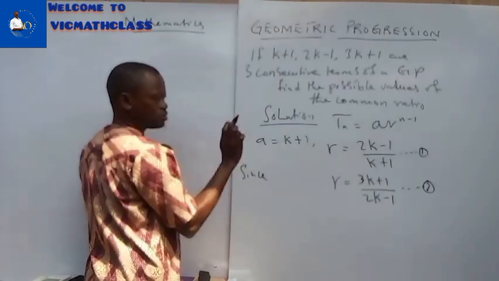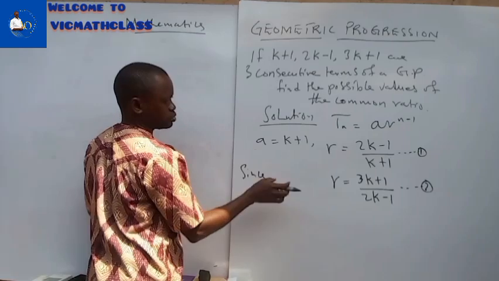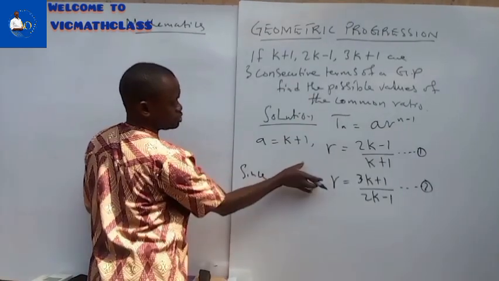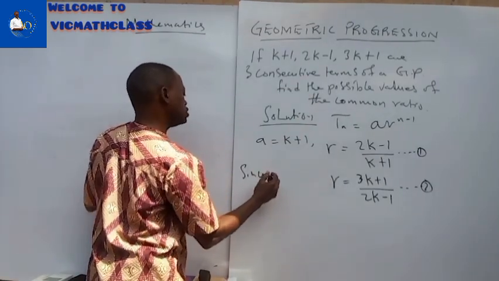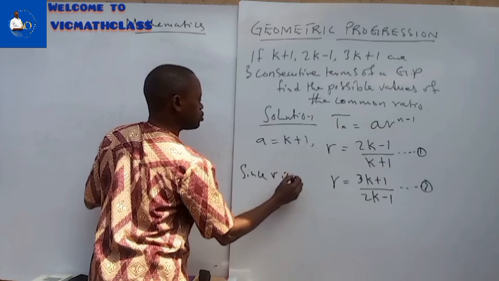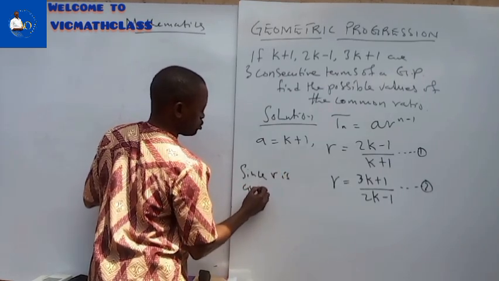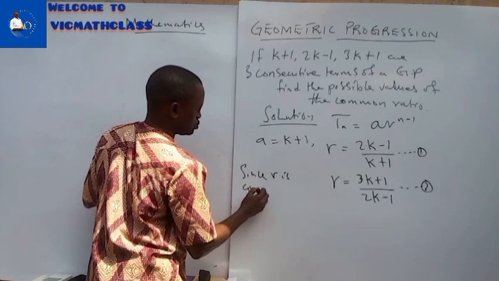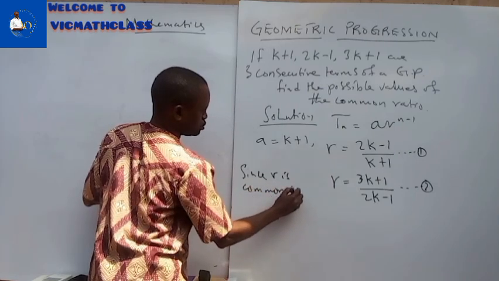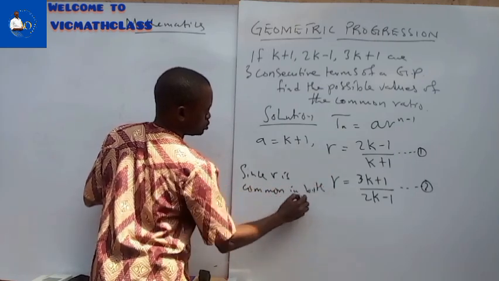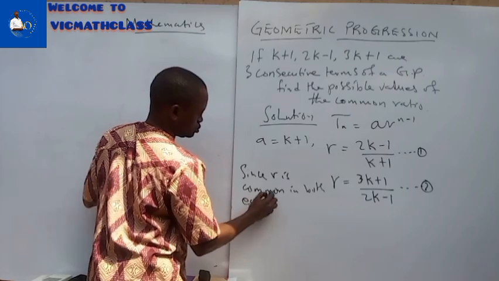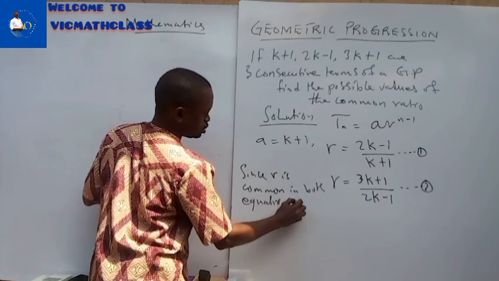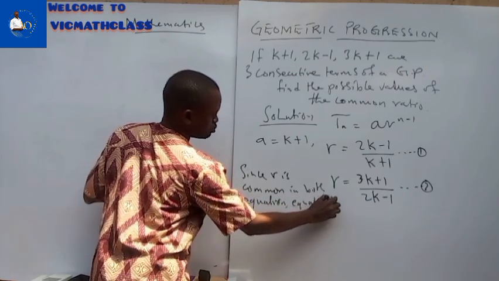That's my argument there. Assuming this is a jump question anyway, what they need is your accuracy in the result. But assuming this is a theory question where you need to show all the working, you can say since r is common in both equations, equate them.